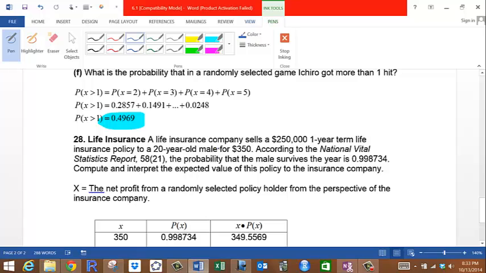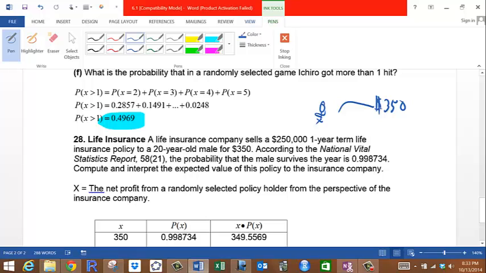That first statement means that the 20-year-old male goes down to the insurance company and gives them $350. And if he lives throughout the year to see age 21, then the insurance company just keeps his $350.